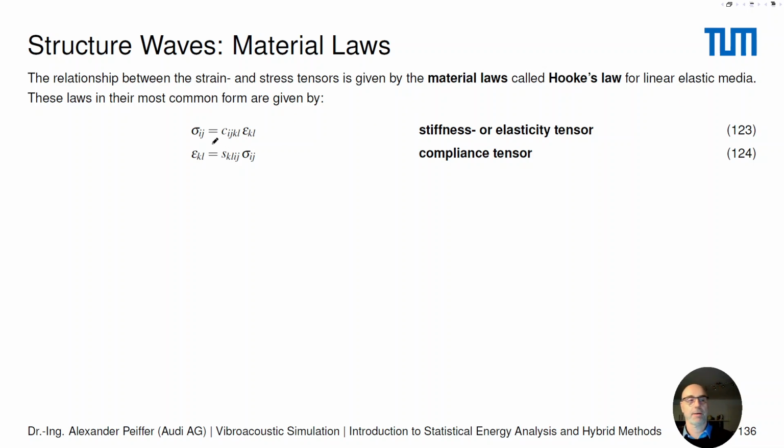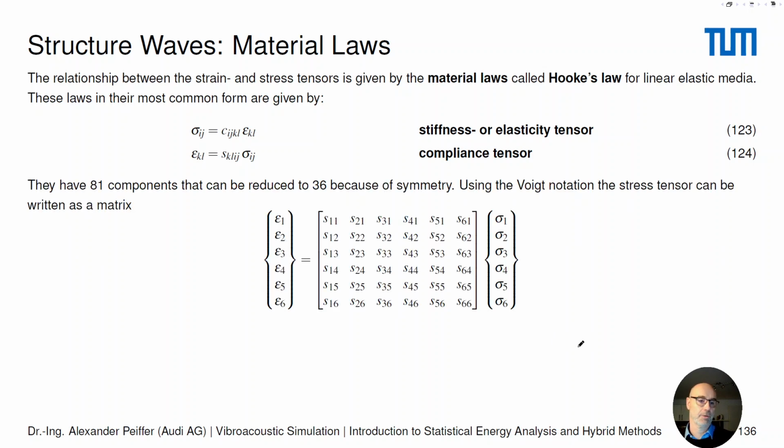Normally, if we stay with a tensor version, it would be given by this quite complicated structure, and the relationship between the stress and the strain would be the stiffness or elasticity tensor, which is a fourth order tensor. Or in the other direction, it would be the compliance tensor. Quite unhandy, quite complicated, and this is why we are not using it, as mentioned several times before.